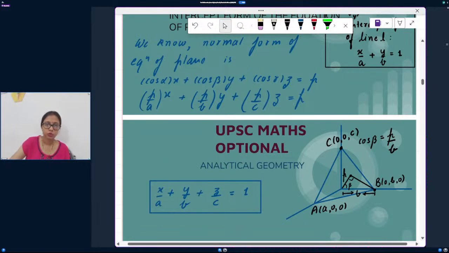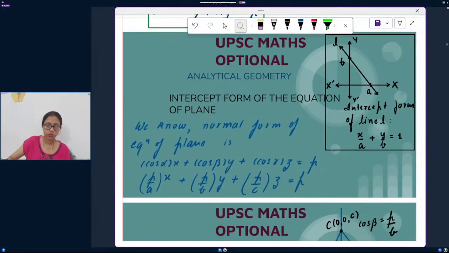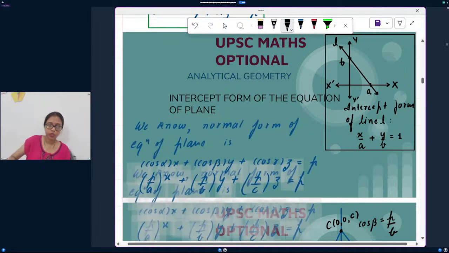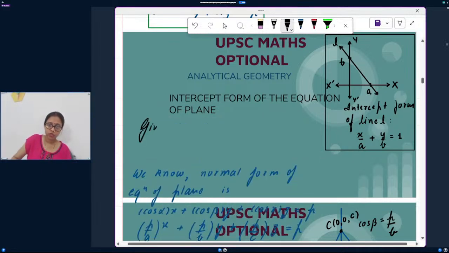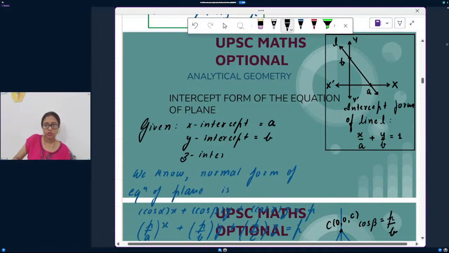Okay, so what is given here? Given was x-intercept A, y-intercept B, and z-intercept C.